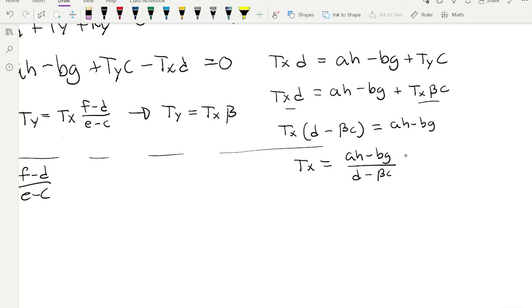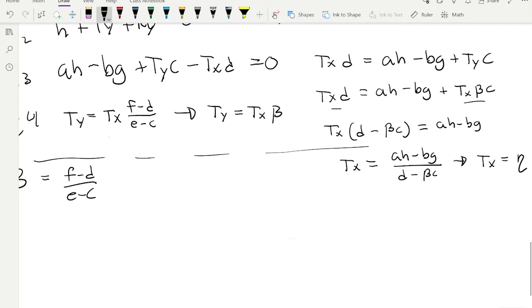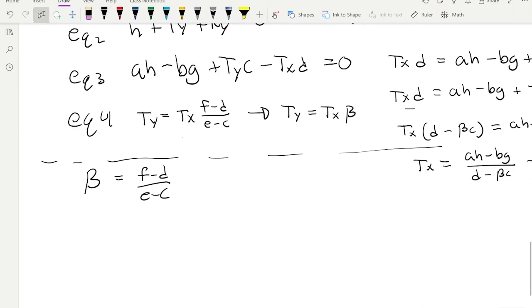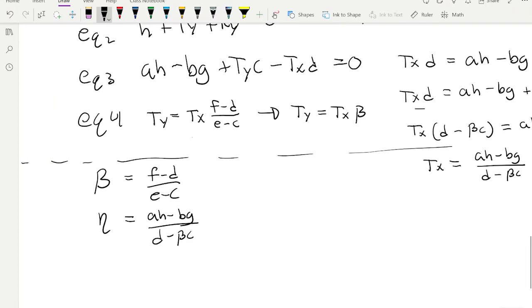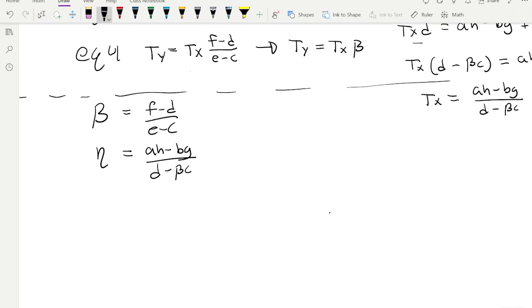Let's describe all that stuff as one other variable. Let's say Tx is equal to eta. So then we can write eta here. It's AH minus BG over D minus beta C. And now we write simply Tx equals eta.